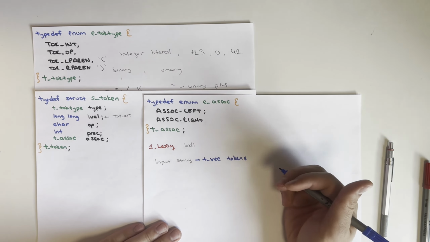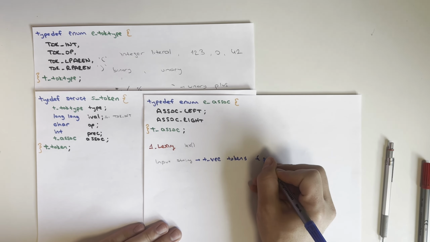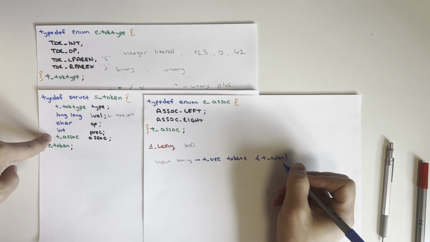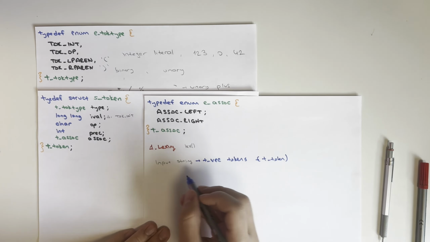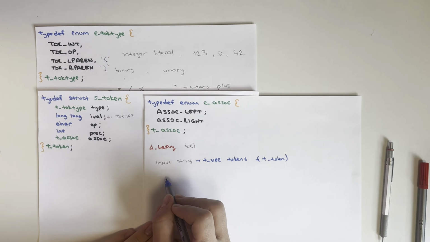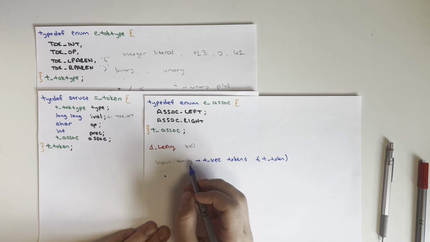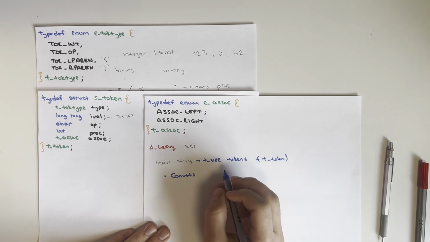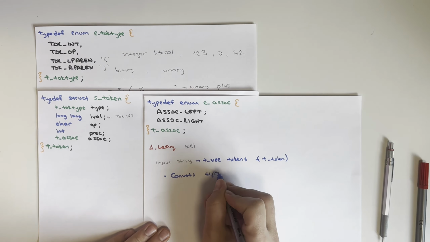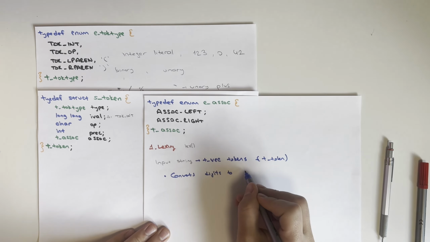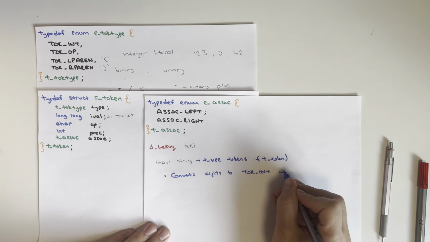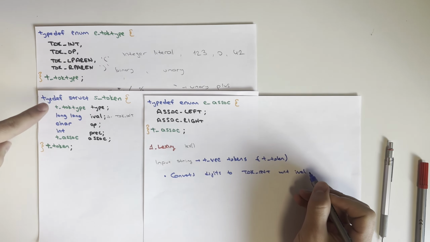It will be a dynamic array of the T token here, which will be converting the digits to a token integer with eval here.